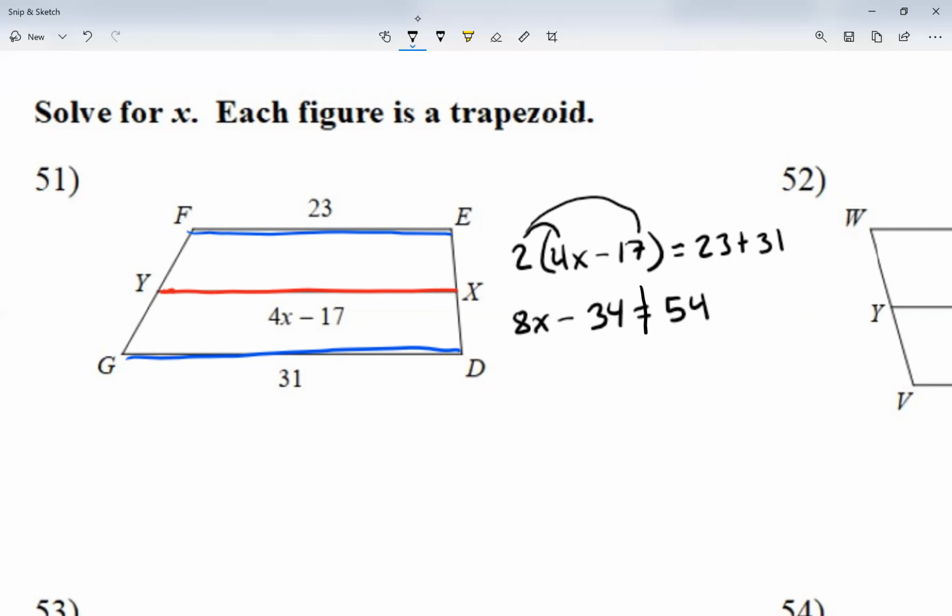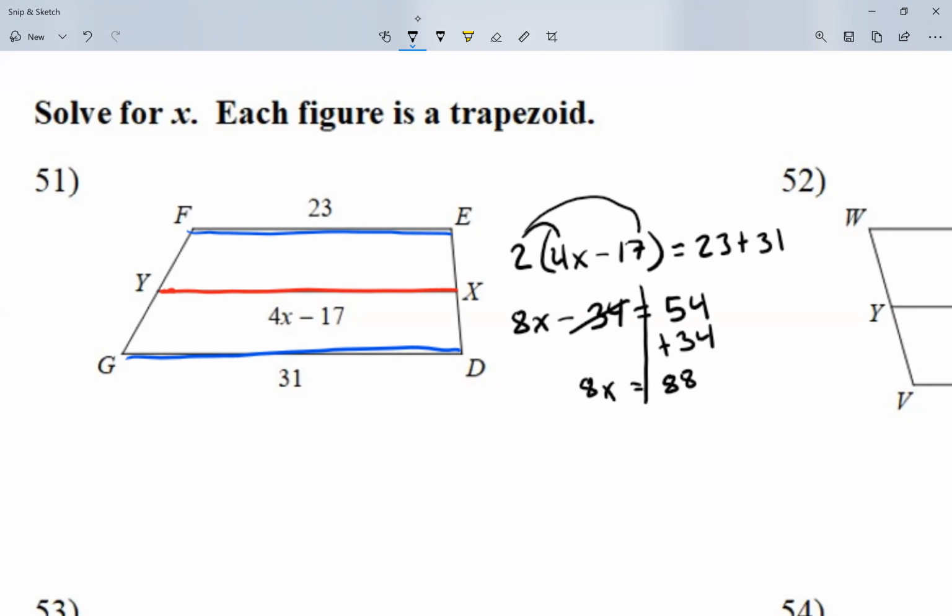Now let me separate my sides through the equal sign. I want the 8x by itself, so the minus 34, let me move it to the other side as a plus 34. Don't forget to switch the sign. So that gives me that 8x is equal to 88, right? 54 plus 34 is 88.